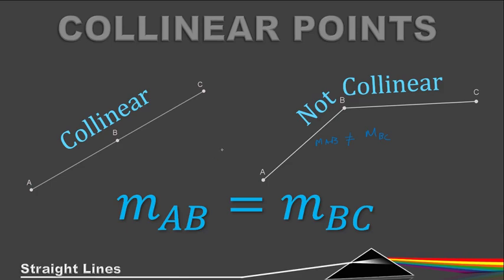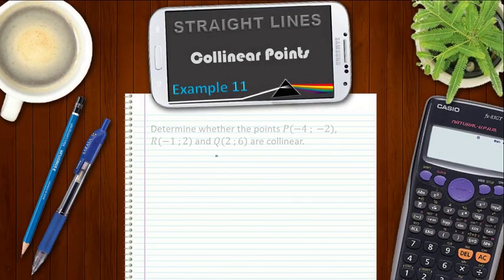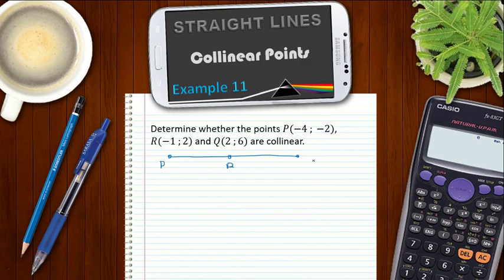So let's look at how we apply this practically. If I have example 11, determine whether the points P, R and Q are collinear. We can first start by just drawing this. Let's say we have these 3 points, P, R and Q.